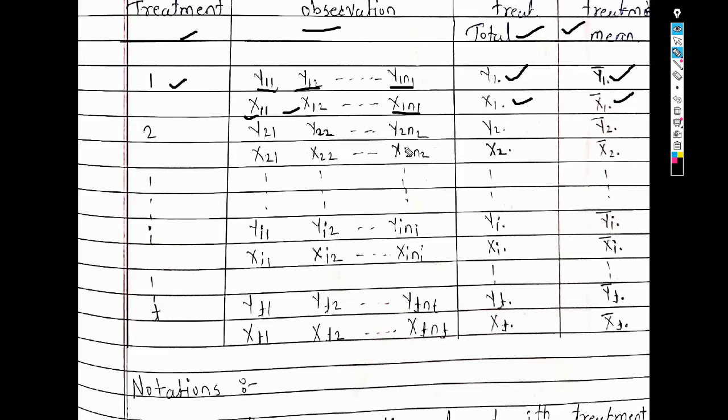x1 dot bar. Similarly, for treatment 2, the response variable observations are y21, y22 up to y2n2 and x21, x22 up to x2n2. Its treatment totals are y2 dot and x2 dot, and treatment means are y2 dot bar and x2 dot bar. So up to the ith treatment, we get observations yi1, yi2 up to yini, and for the x variable our observations are xi1, xi2 up to xini.